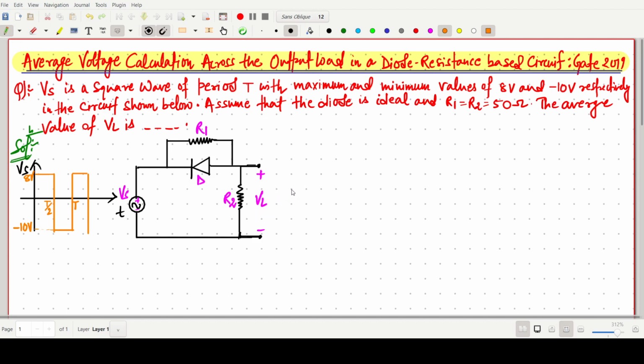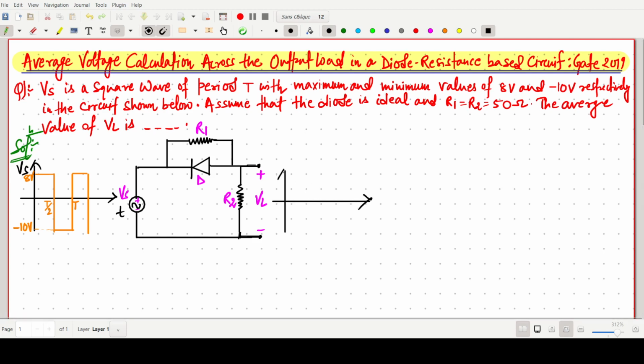Basically, we have to draw the output response of this circuit, that is VL versus T. If we find this VL, we can easily say what the average value of VL is.